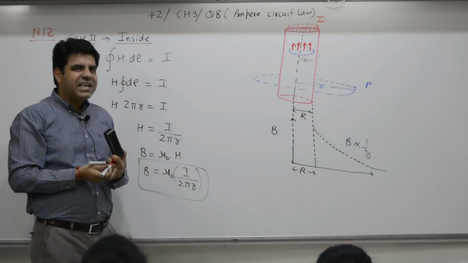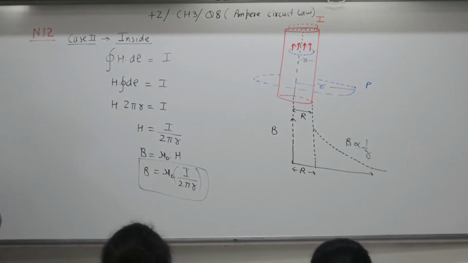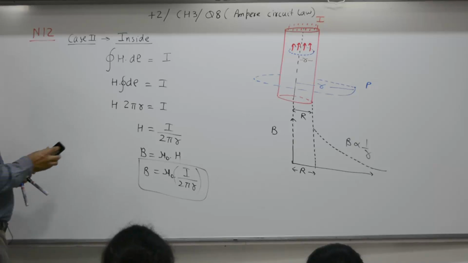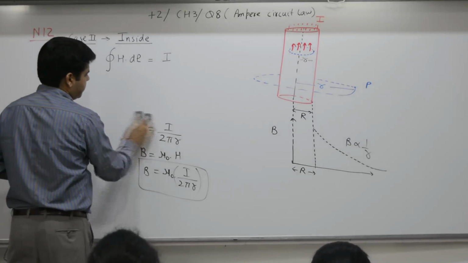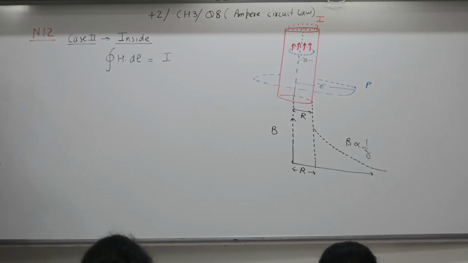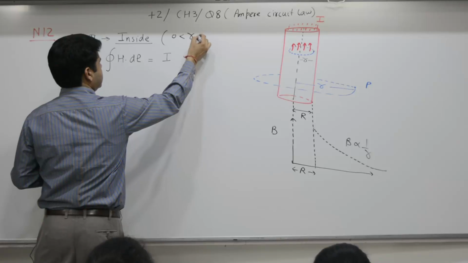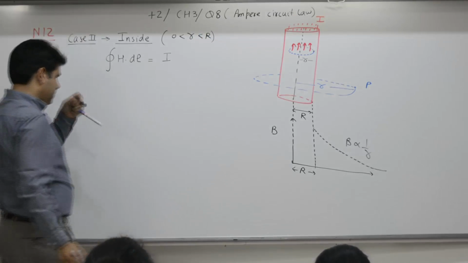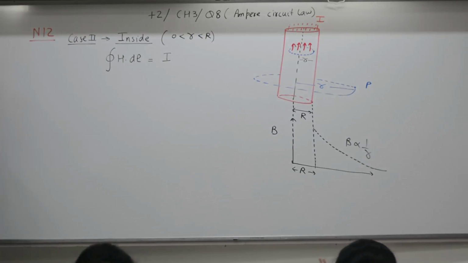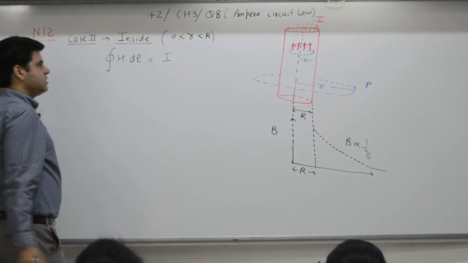Is it less than I or equal to I? Less than I. Concept is same, no change. Inside means r varies between 0 to R. No doubt at the end we write equal to also, and we see whether it is equal to R or not.